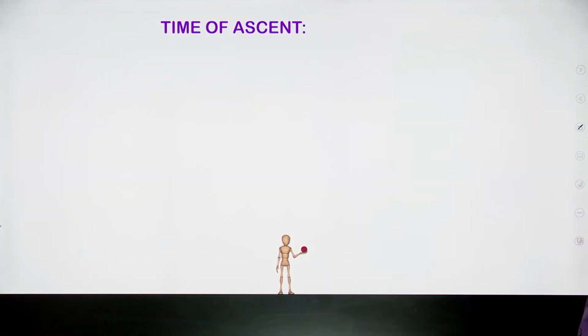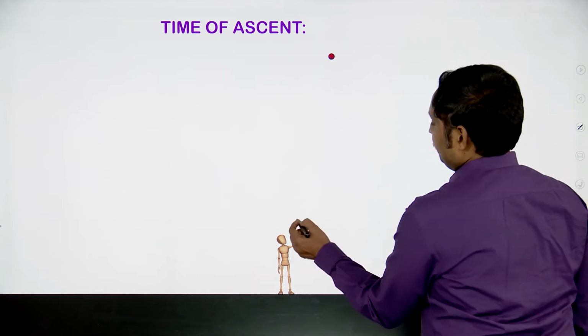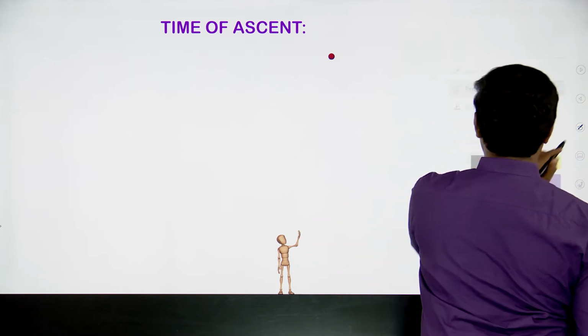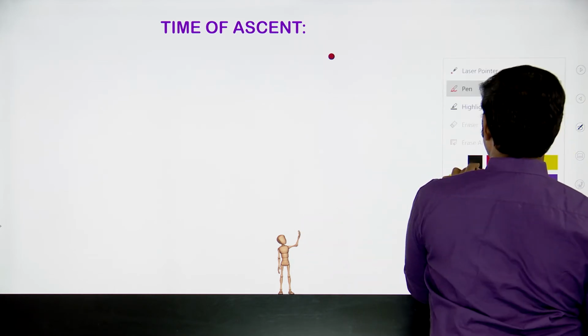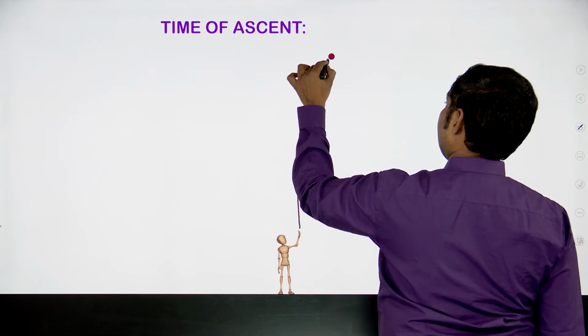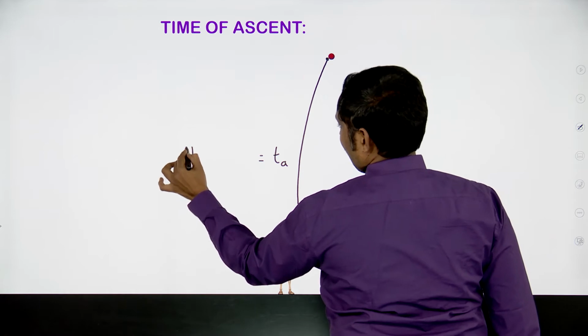Right. Time of ascent, everybody has to look into that matter. Time of ascent is the time taken by the body to reach the maximum height. That is going to be the time of ascent. From this point, you have to see, this is going to be TA, that is time of ascent.